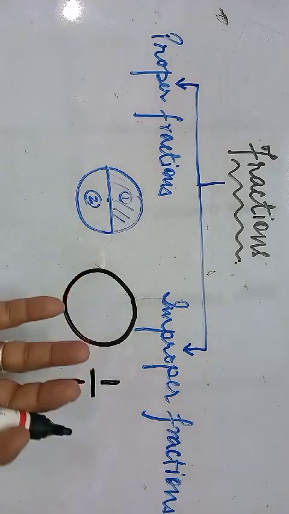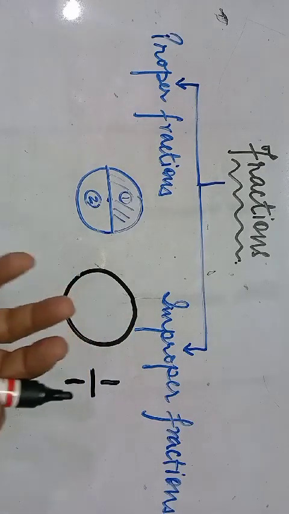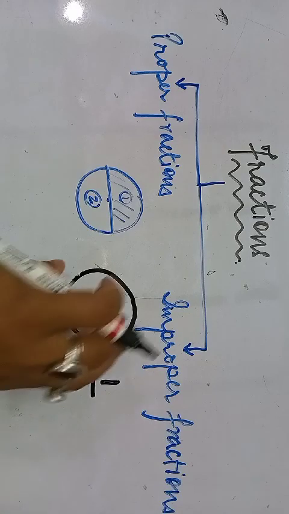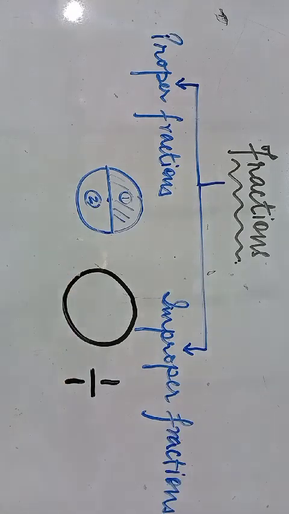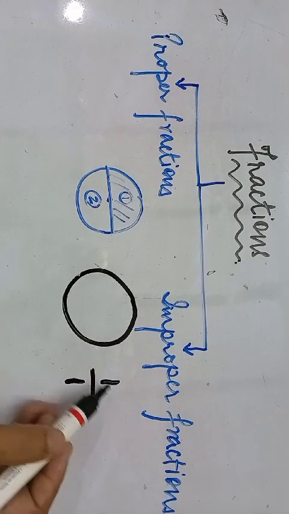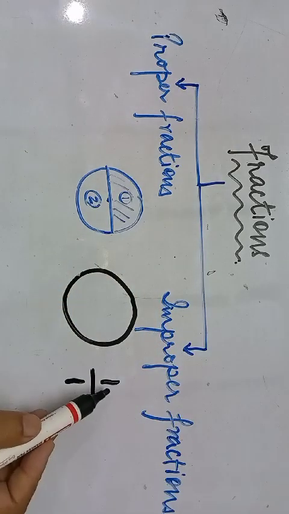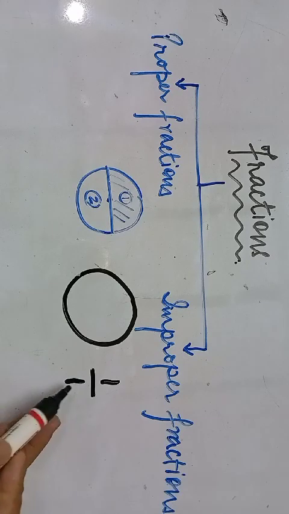Since I'm picking up the entire thing from the entire thing, I'm not leaving anything behind. So if you want to write this picking up of the whole cake in terms of fraction, I will be writing it as 1 by 1.